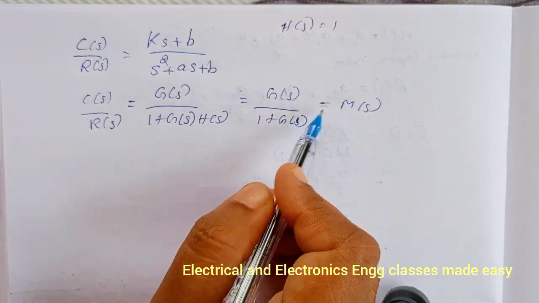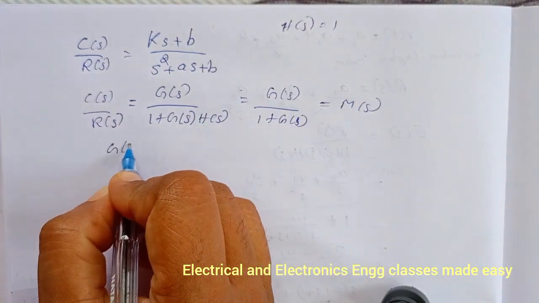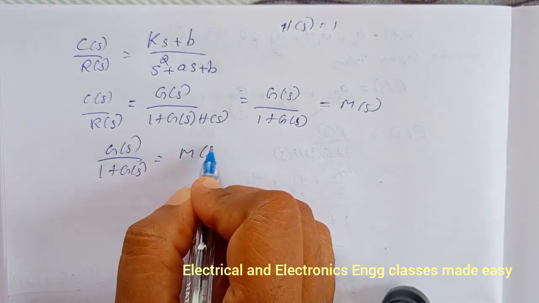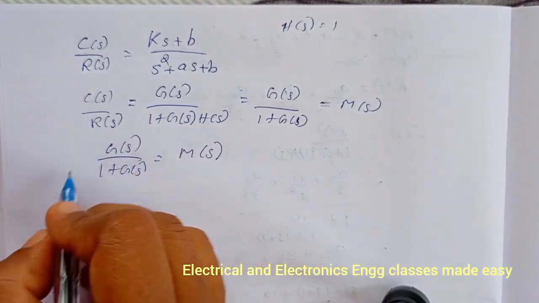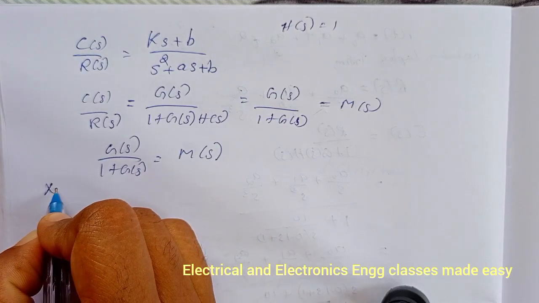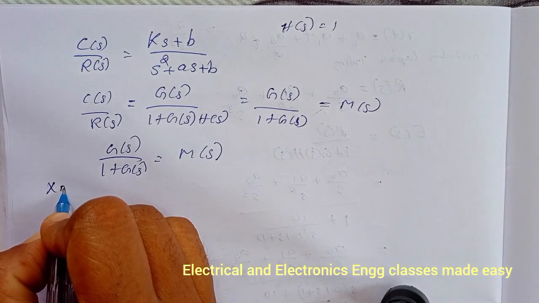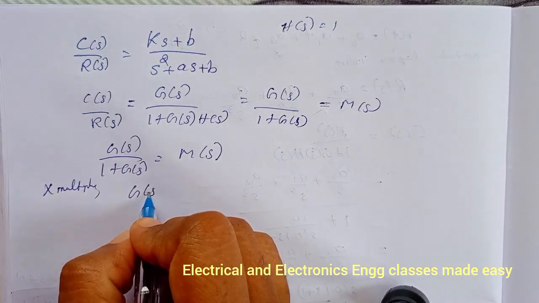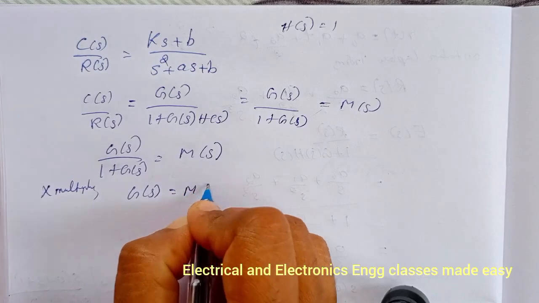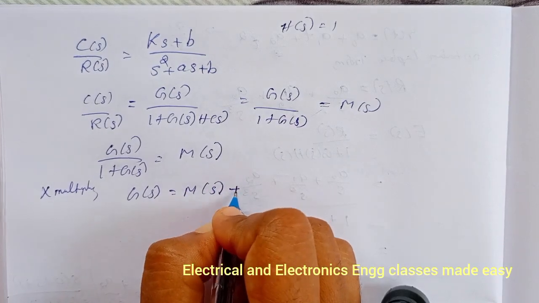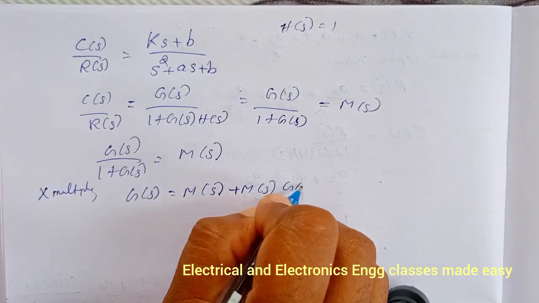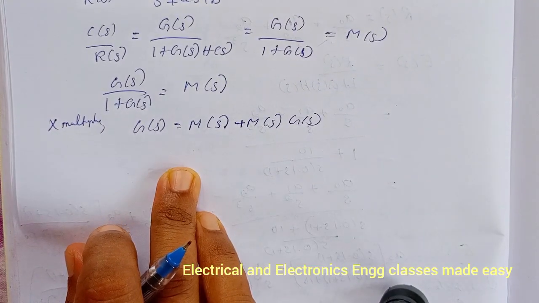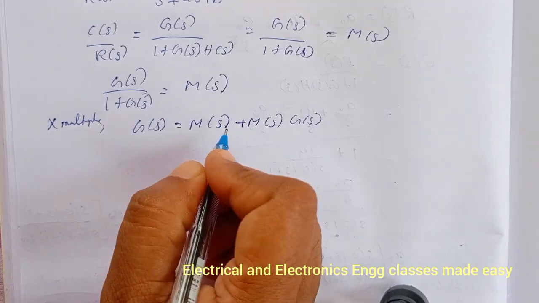Now here we can cross multiply, that is G of s by 1 plus G of s equal to M of s. Now cross multiplying, we get G of s equal to M of s plus M of s G of s. We have to find G of s.